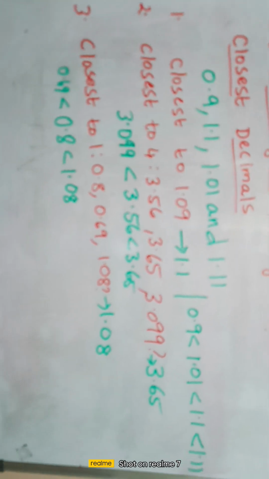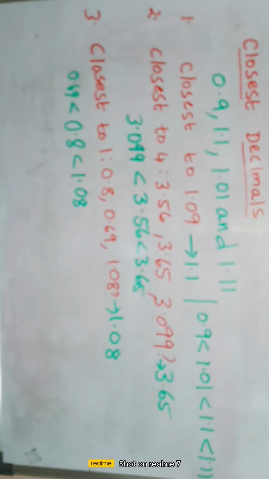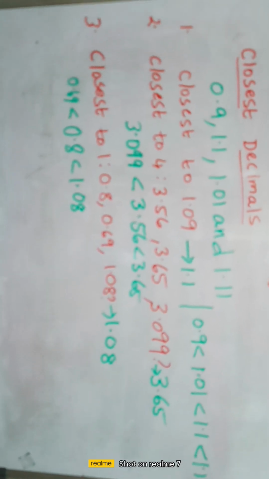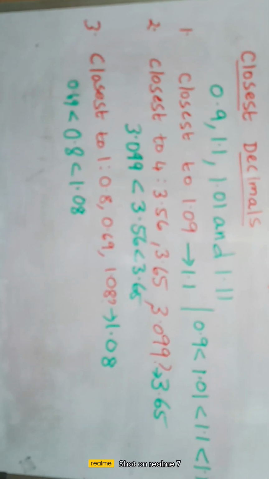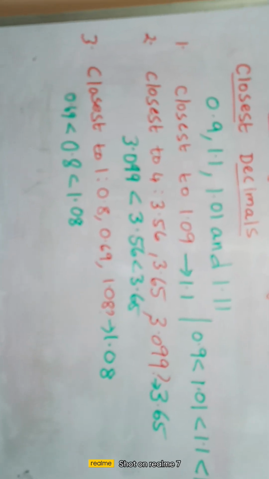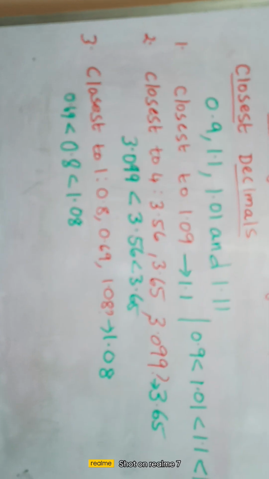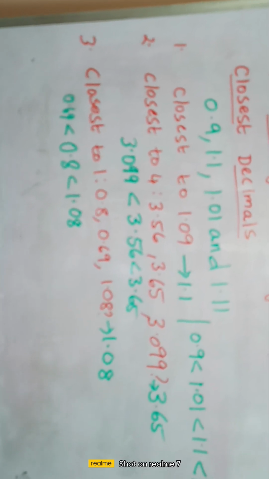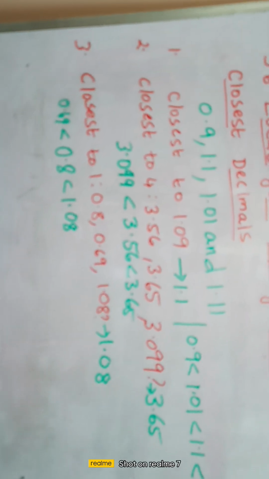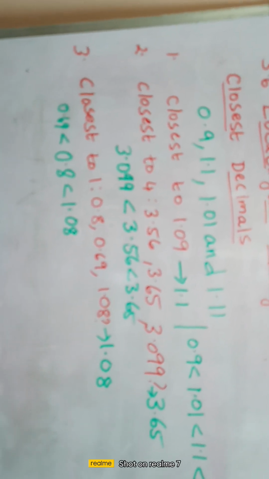Next, closest to 4: here 3.56, 3.65, 3.099. We write them in ascending order: 3.099, 3.56, 3.65, next 3.7. So what is closest to 4?